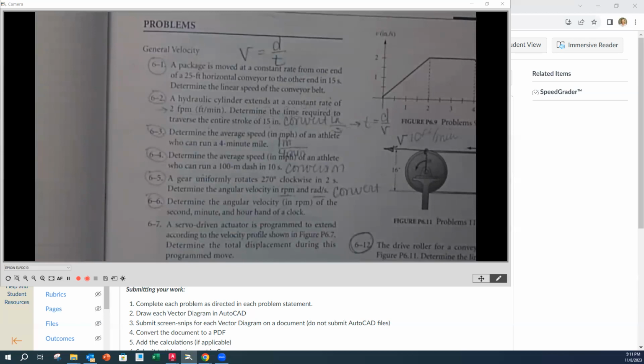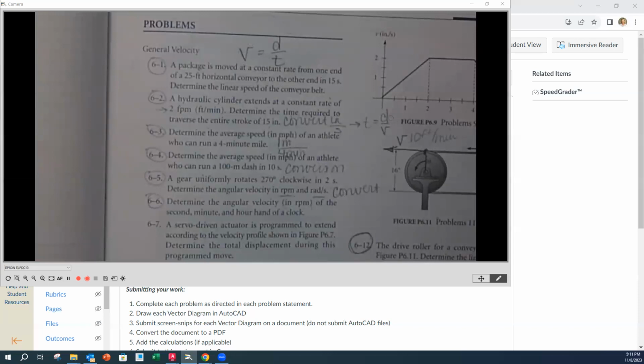So you want to do that conversion first so that you get consistent units on the distance. And then you can solve for the time by rearranging the equation up here, knowing the velocity, and then dividing that into the distance. So does anybody want to see this here as well?